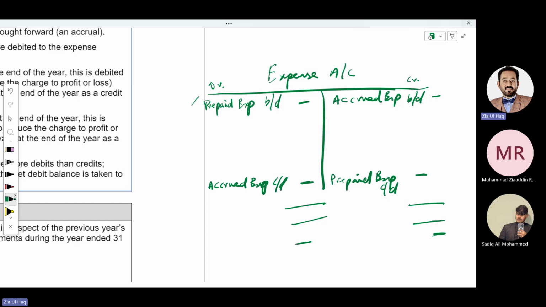The expenses we charge to profit and loss account. In profit and loss account, expenses are debit. This means profit and loss account debit, expense credit, we will record here. And if we are paying any cash against expense, cash going means cash credit, expense debit. So that will be recorded here.